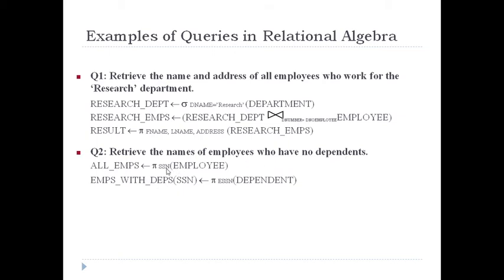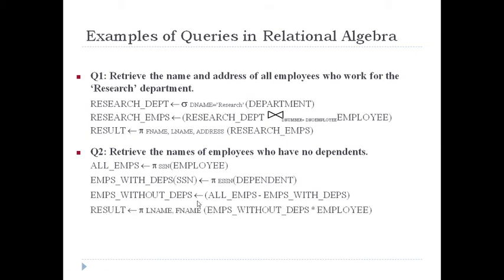What is the common or relating attribute between employee and dependent? We have SSN. So first you take the SSN of all employees, then take the SSN from the dependent relation. Without dependents we need to fetch, right? So if I take the minus operation: in all employees I have the SSN of all employees, and in the dependent relation the SSN of the employees who have dependents.